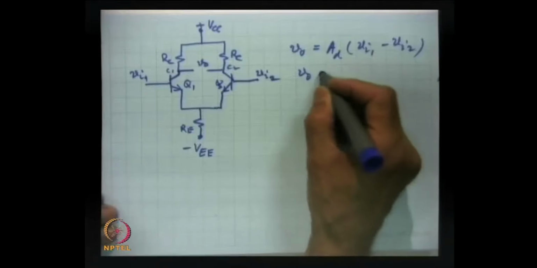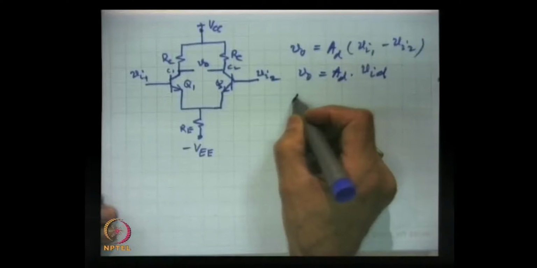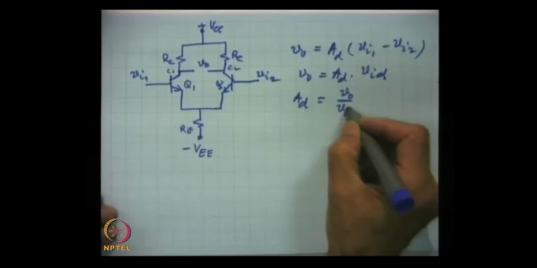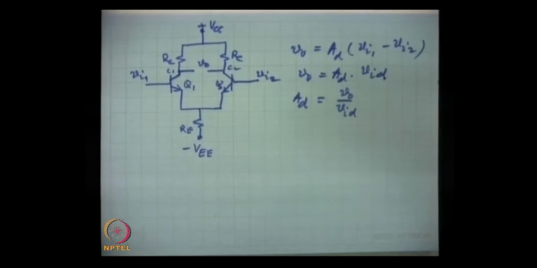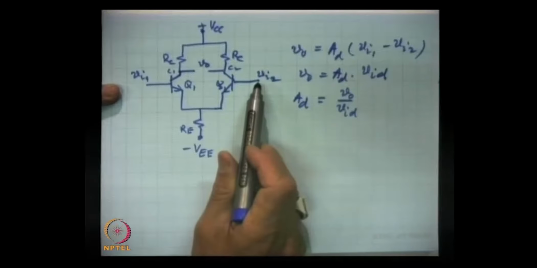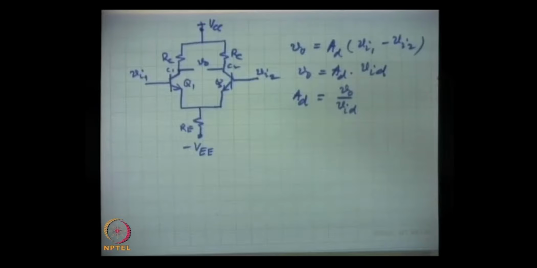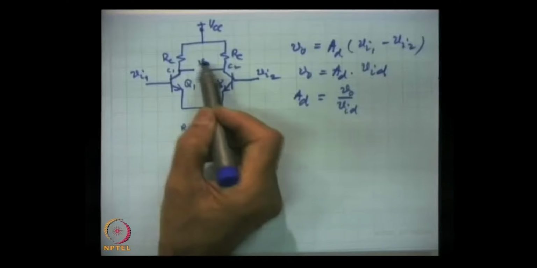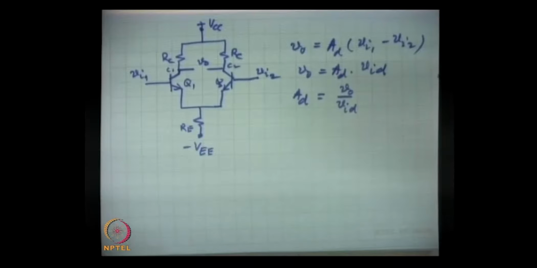So Vo is Ad into VId, and we can measure Ad as Vout by VI difference. This is the way we measure the differential gain. We apply two input signals differing in magnitude by say 0.5 or 1 millivolt, measure the output, and from this expression find the differential gain.